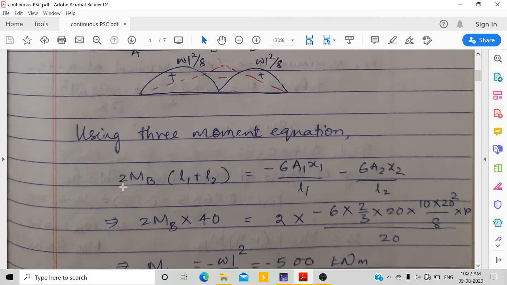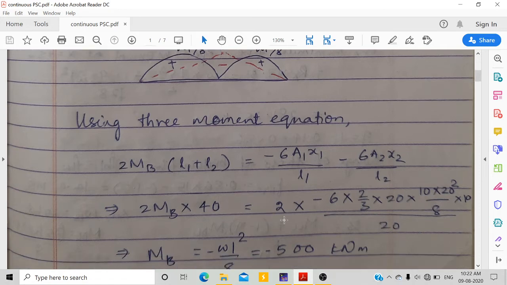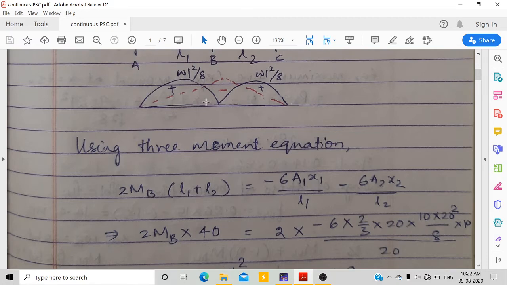Okay. So here you can say 2MB, L1 plus L2 is 20 meter plus 20 meter is 40 meter, equal to, because these two are the same parabola, WL square by 8, I have just multiplied twice of minus 6. Parabolic area is 2 by 3 AB. So 2 by 3, A means the span 20 meter, into B, the height, which is WL square by 8.